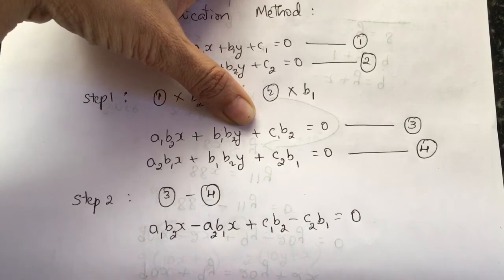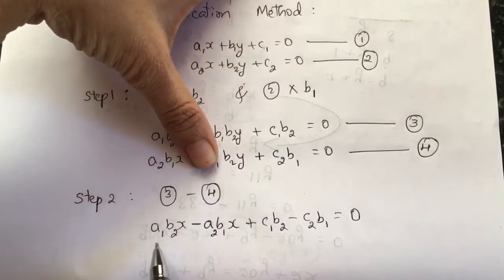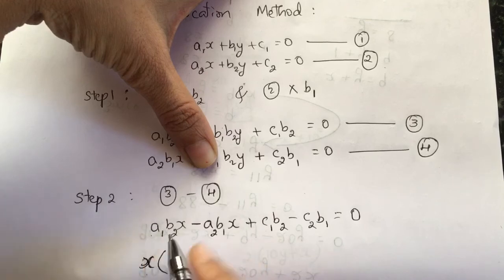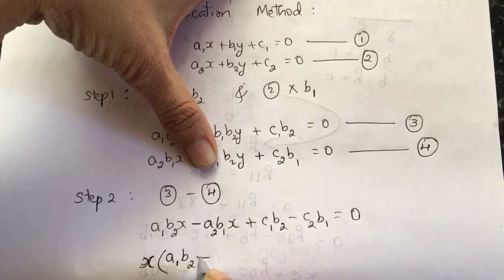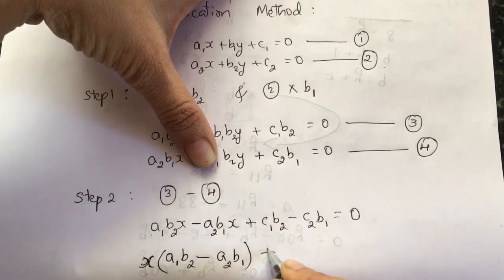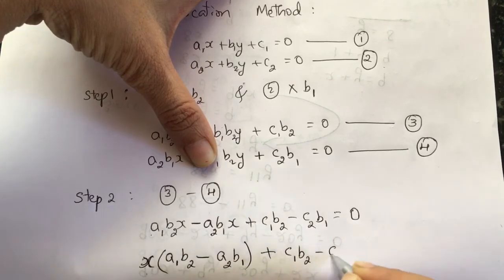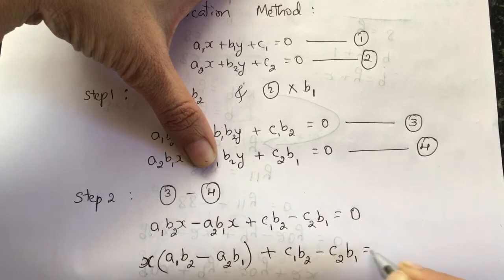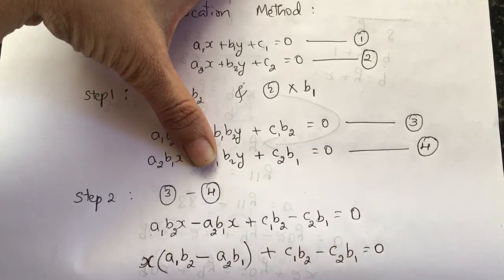Okay, now I'll simplify this. In these two, x is common, so I'll take x outside, inside the bracket a1 b2 minus a2 b1, plus c1 b2 minus c2 b1 equal to 0.